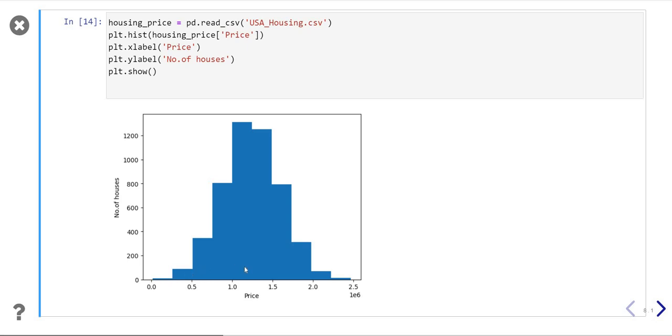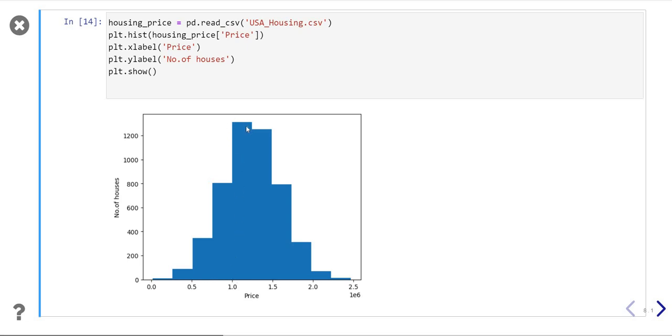If you look at this, which one is the highest price distribution? This is 1 by the power of 6, so this is 1 million, right? This is half million, 1 million, 1.5 million, 2 million, and this is 2.5 million. Which one has the highest range?